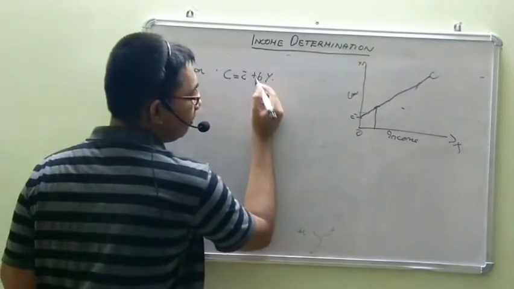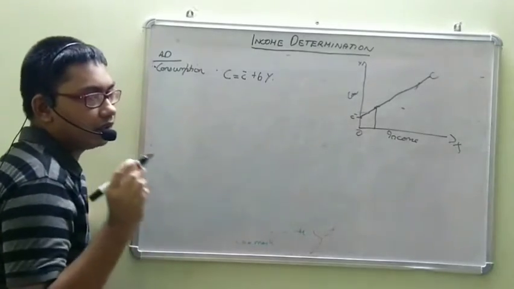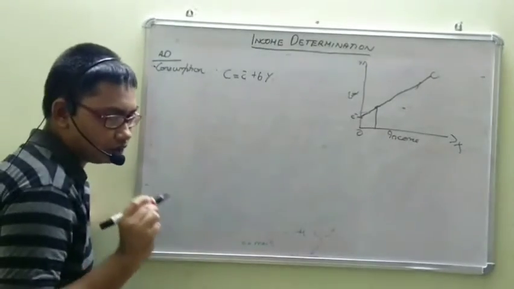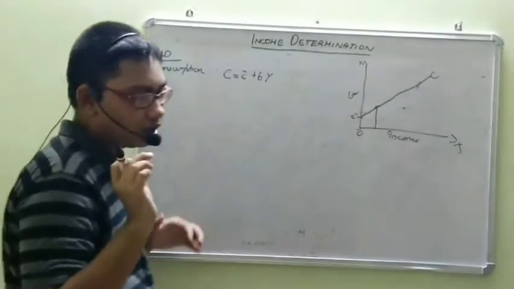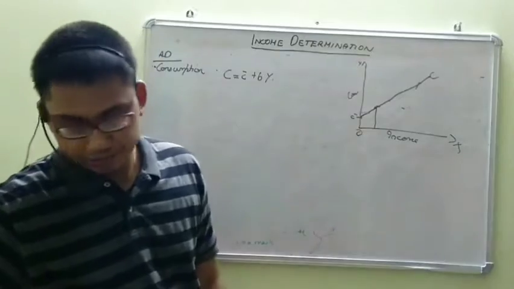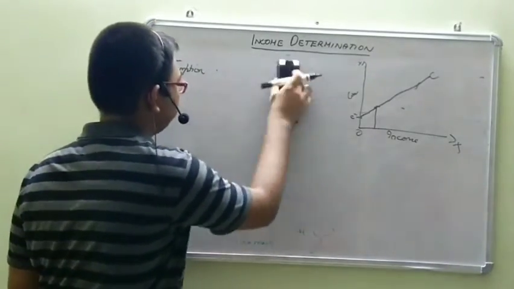This B will be the marginal propensity to consume. Whatever be the income, into marginal propensity to consume, plus autonomous consumption, will give total consumption. So this is the consumption function.